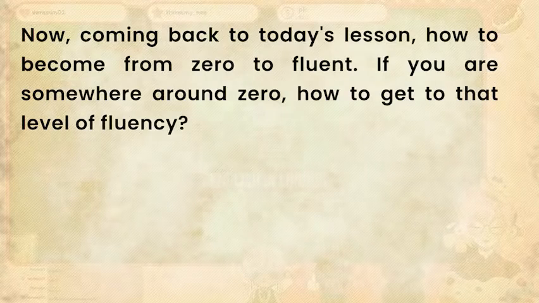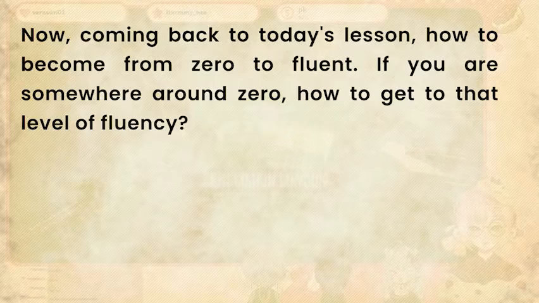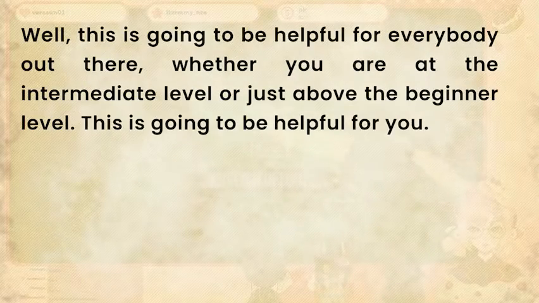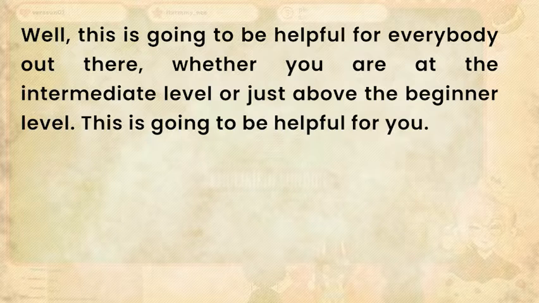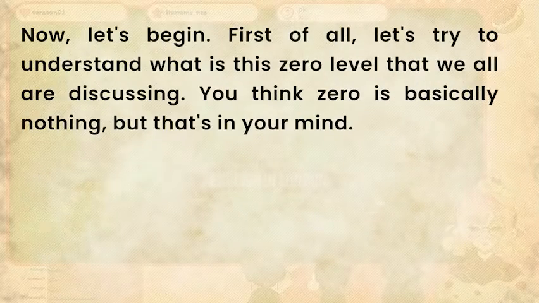Now, coming back to today's lesson, how to become from zero to fluent. If you are somewhere around zero, how to get to that level of fluency? Well, this is going to be helpful for everybody out there, whether you are at the intermediate level or just above the beginner level. Now, let's begin.